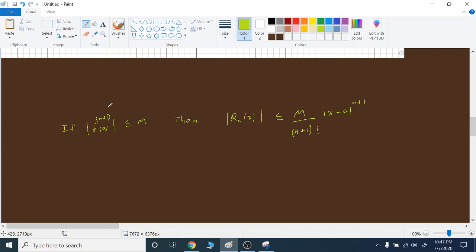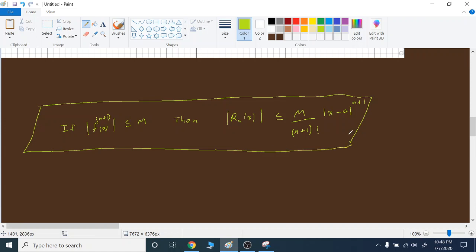If the n plus 1th derivative is less than or equal to a certain number, then the modulus of the remainder for n will take this format. Now we did this as a theorem to prove the existence of a Taylor polynomial. But here in this case, we are using this same condition for a different purpose.